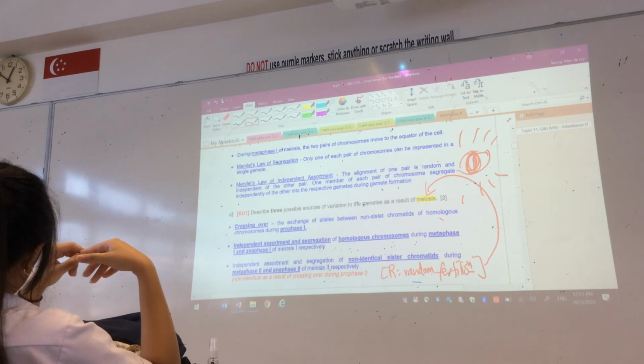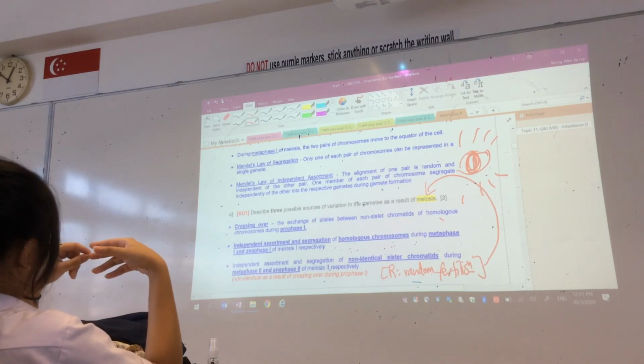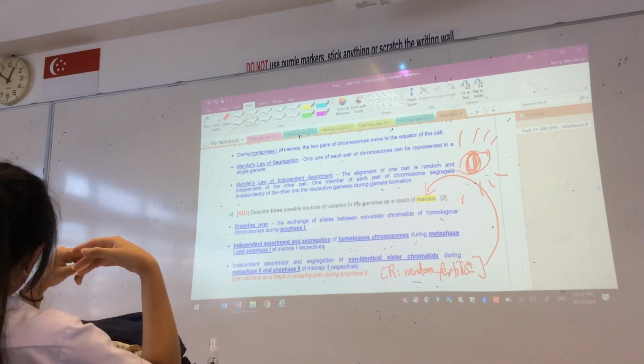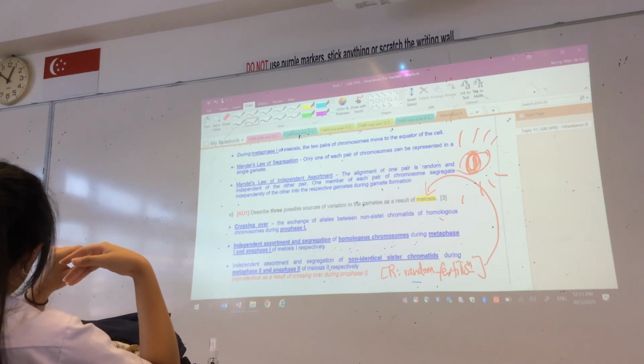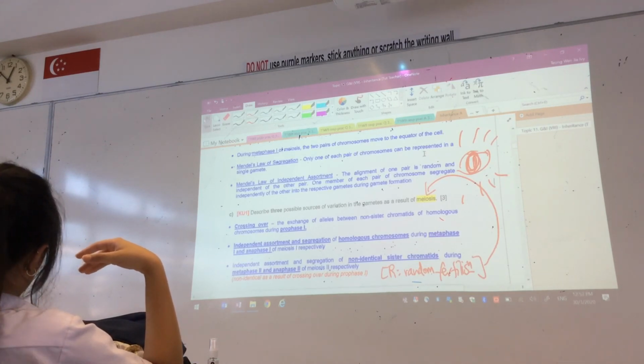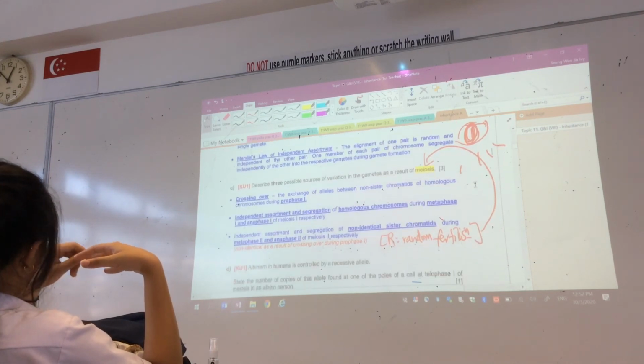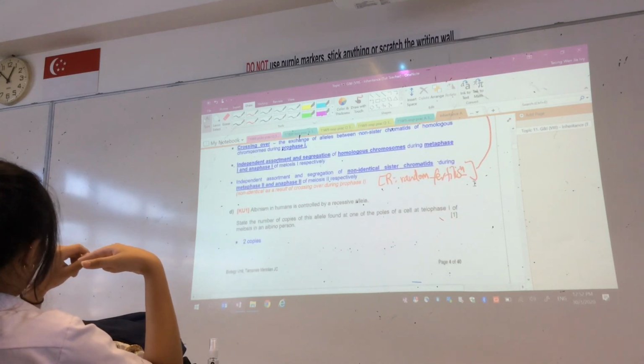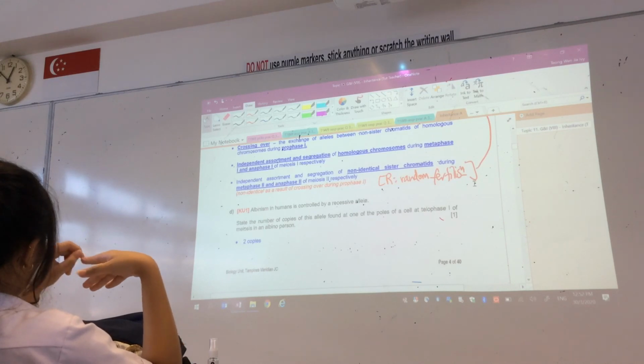At telophase 1, separation of homologous chromosomes, one is being dragged to each pole. Based on that, the answer is 2, because at one pole I'm going to have 2 alleles, and at the other pole, another 2 alleles.